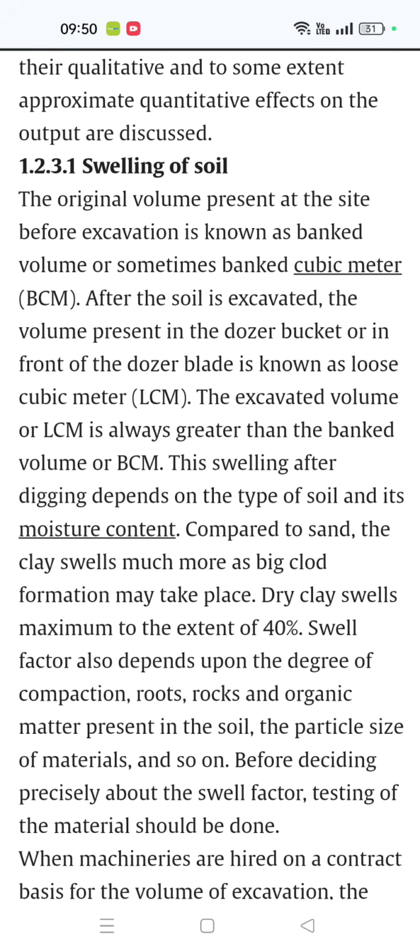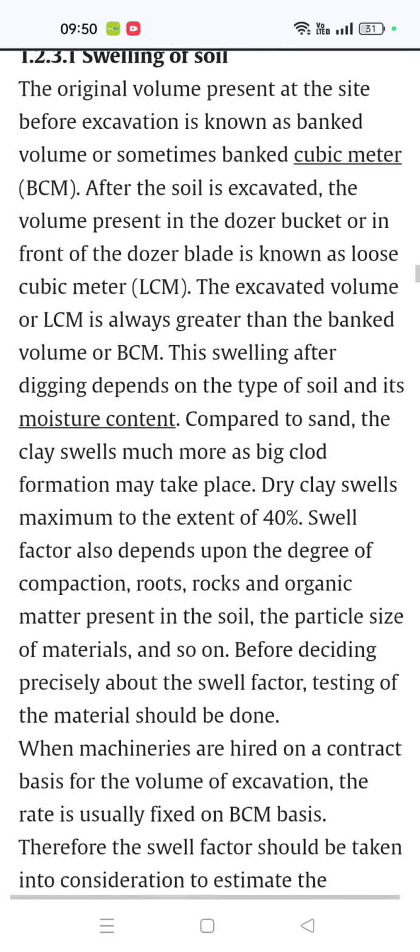1.2.3.1 Swelling of soil. The original volume present at the site before excavation is known as bank volume, or bank cubic meter, BCM.